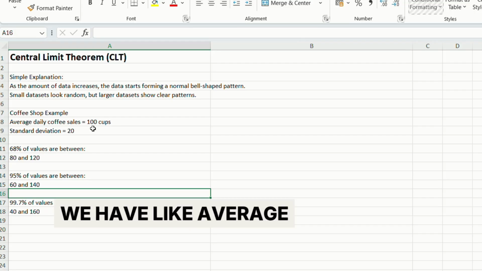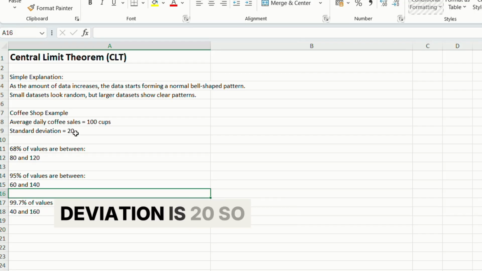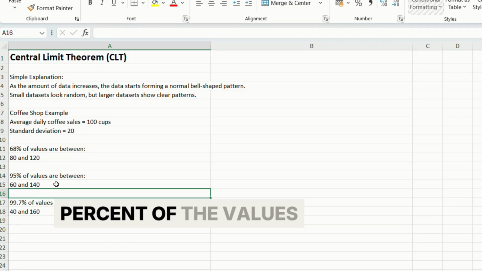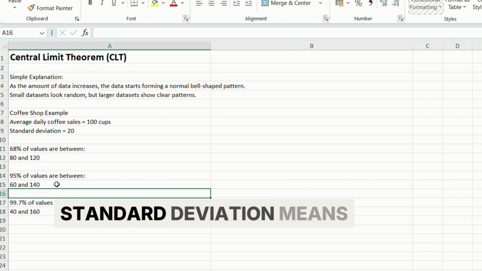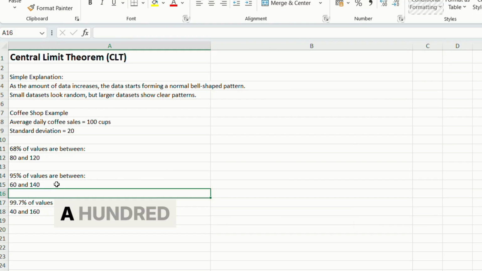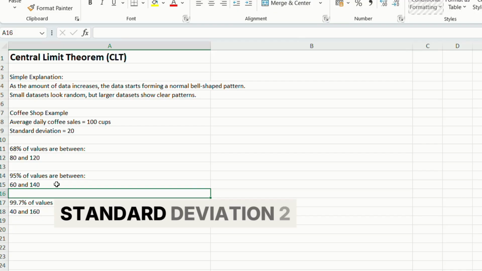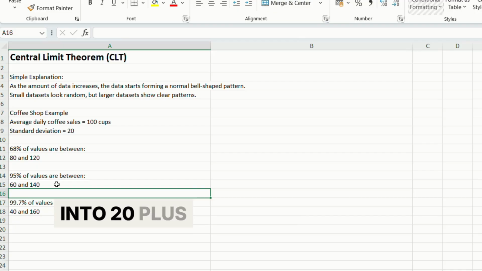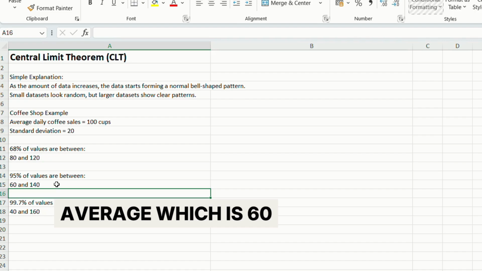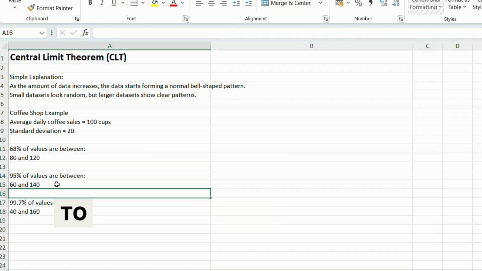If the average is 100 and the standard deviation is 20, that is 100 plus or minus 20, so 80 and 120. 95% of the values are within two standard deviations, meaning 100 plus or minus 2 times 20, which is plus or minus 40, so 60 and 140.